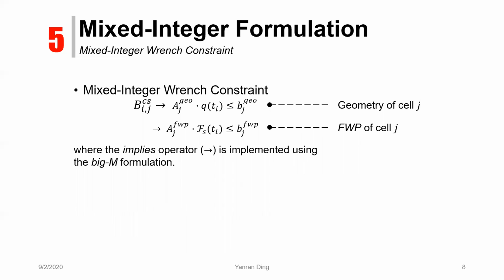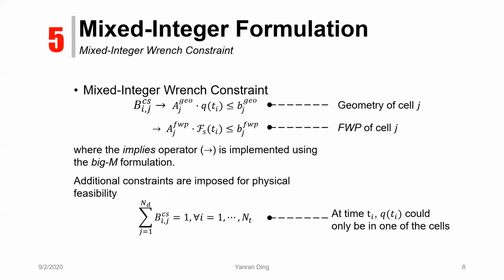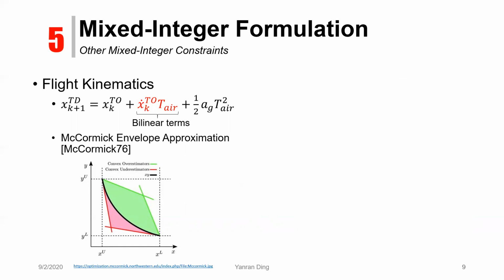The first set of linear inequality constraints says the configuration of the robot at time ti resides within the cell J. The second set of linear constraints activate the FWP constraint associated with the cell J. Additional constraints are imposed for physical feasibility, where the summation of the matrix B along the J dimension is always equal to 1. This means that at any time Ti, the configuration of the robot could only be within one of the cells. Other mixed integer constraints are also imposed to formulate the MICP.